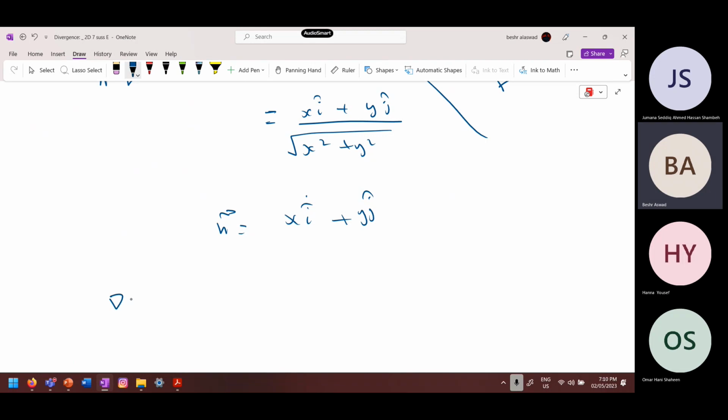And now you need to find the dot product with the given vector. This will give you x i hat plus y j hat dot x i hat plus y j hat. Correct?